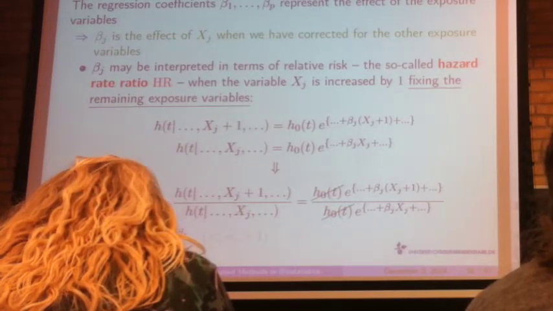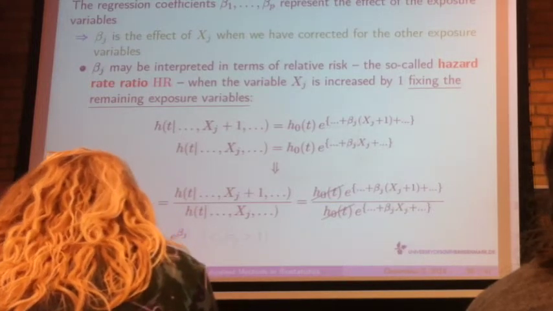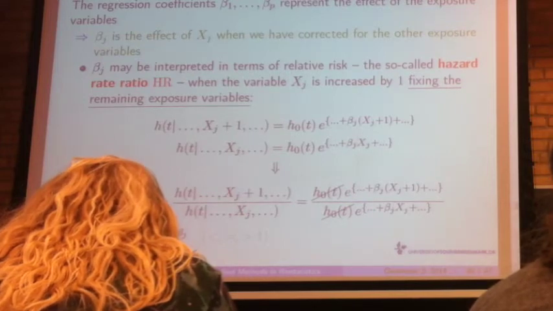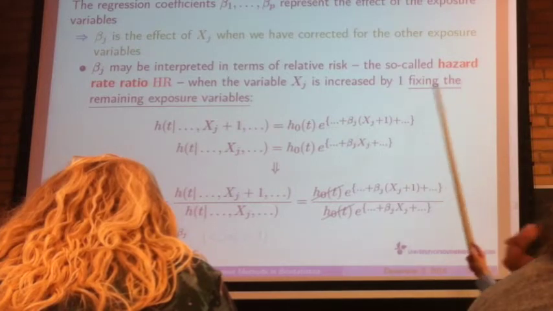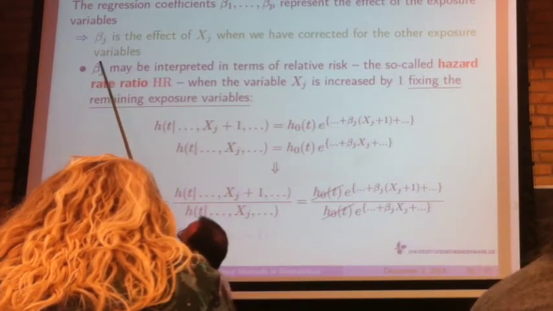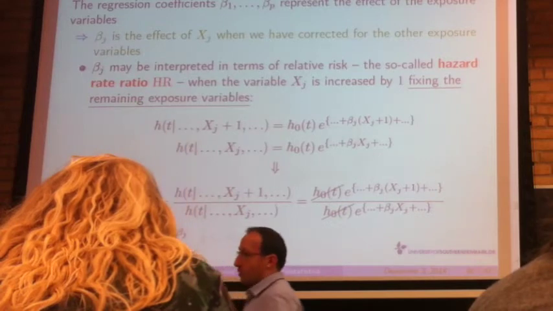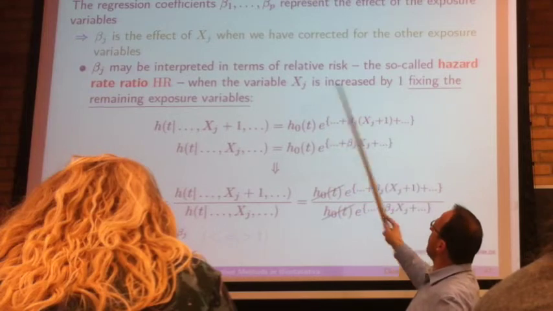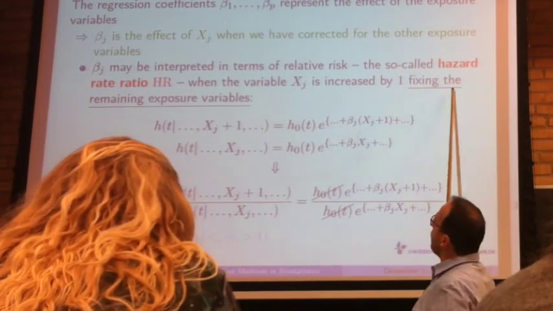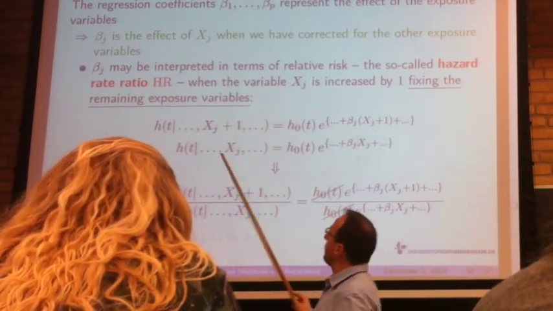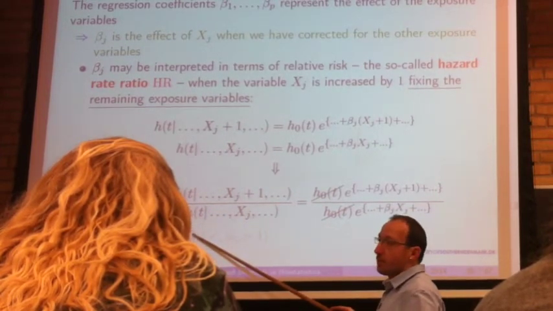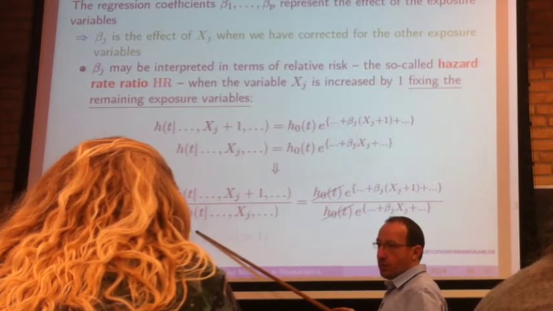The hazard function of one group divided by the hazard function of a different group constitutes the hazard rate ratio. The ratio of two hazards is the hazard rate ratio, and the coefficient beta g can be interpreted in such a way that if we increase one exposure variable by 1 and fix the remaining exposure variables, then you get the hazard rate ratio as the exponentiation of the appropriate regression coefficient.